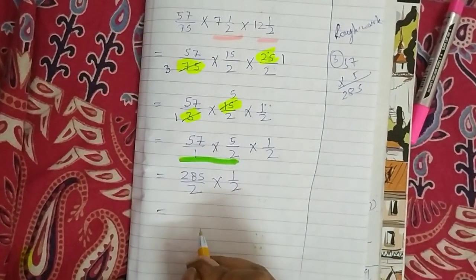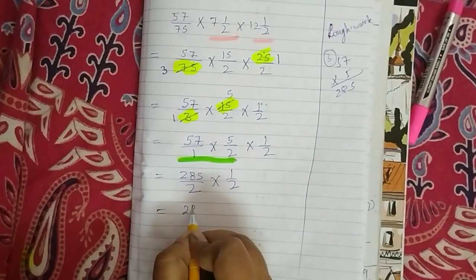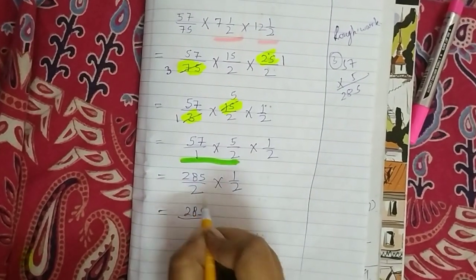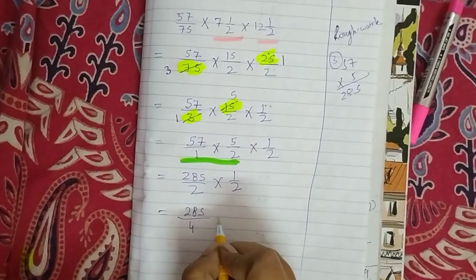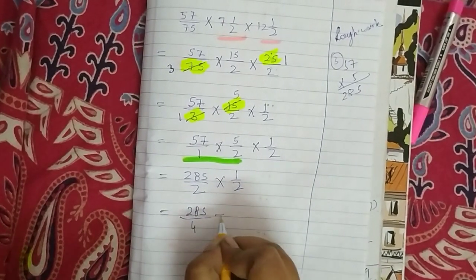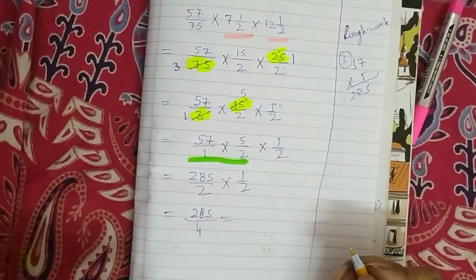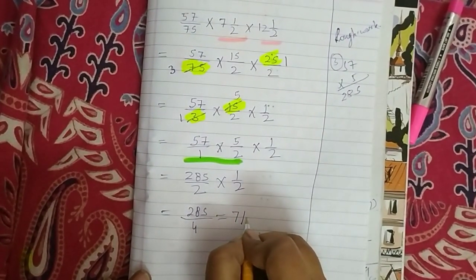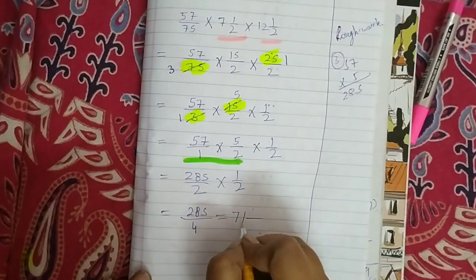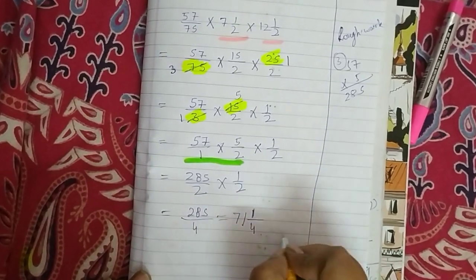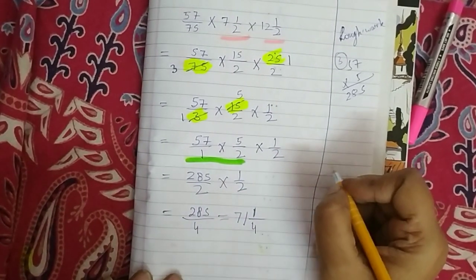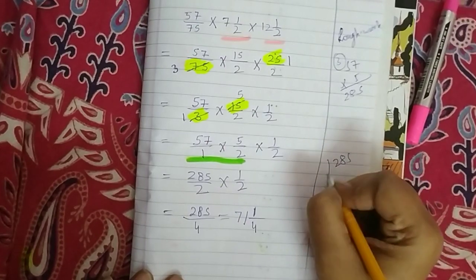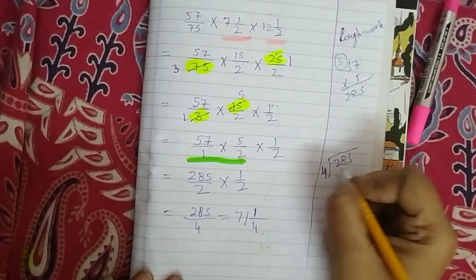Now what we can do? 285 upon 4. This is an improper fraction. If we change it into a mixed fraction, we will get 71 as a whole, 1 upon 4 as the answer. How? I'll tell you. Denominator 4.